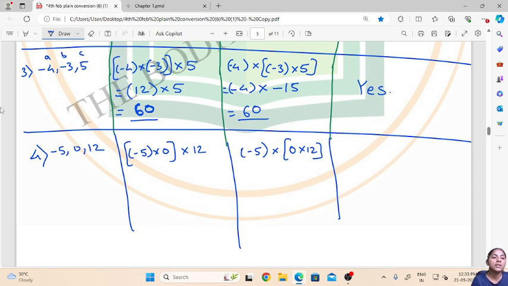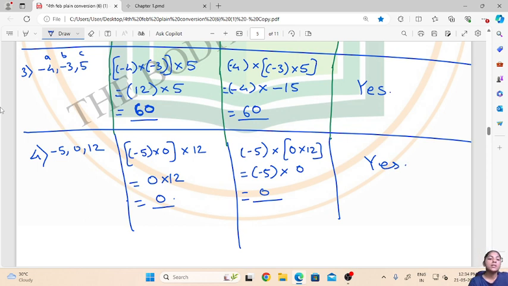So we will solve this. -5 into 0 will be 0, into 12 will again be 0. Over here we have -5 into (12 into 0), which is 0, and then again -5 into 0 will also be 0. So it is true in this case also.